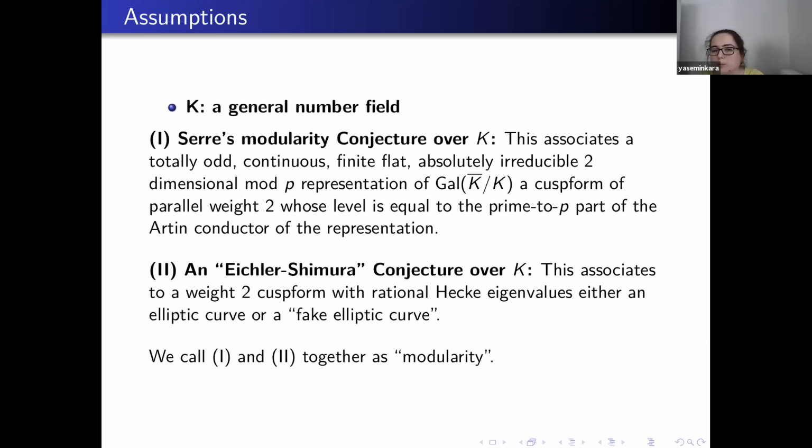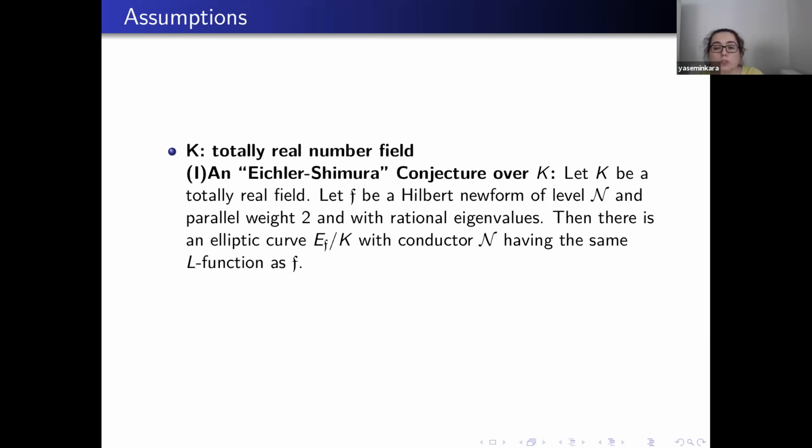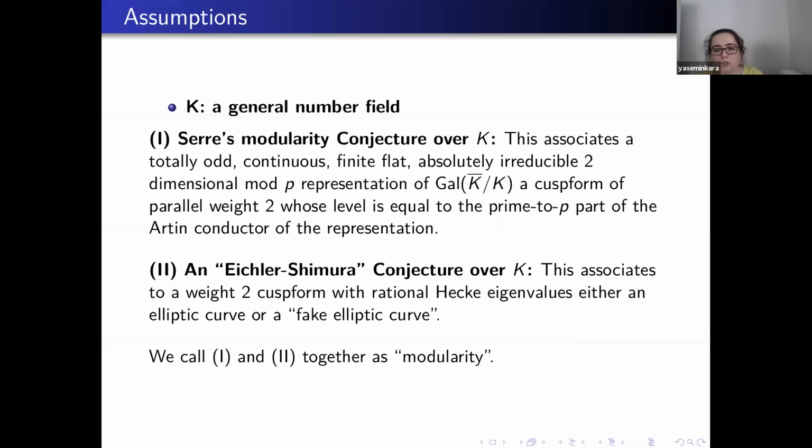I will explain what fake elliptic curve means later. But in the previous conjecture, if K is a totally real field, then for Hilbert newforms of level n, the corresponding curve is just a genuine elliptic curve. But if K is just an arbitrary number field, you can have either an elliptic curve or a fake elliptic curve.